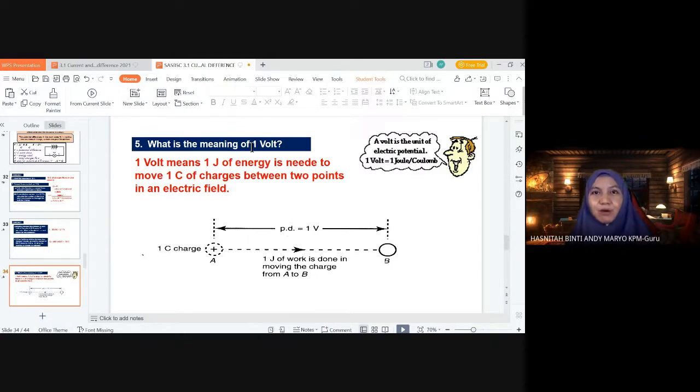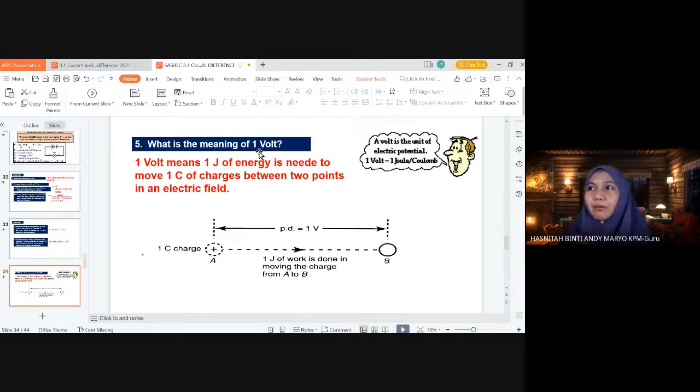Can someone repeat what is meant by potential difference? The formula is V equals W divided by Q. Work done in moving 1 coulomb of charge from one point to another in an electrical circuit or through a conductor.